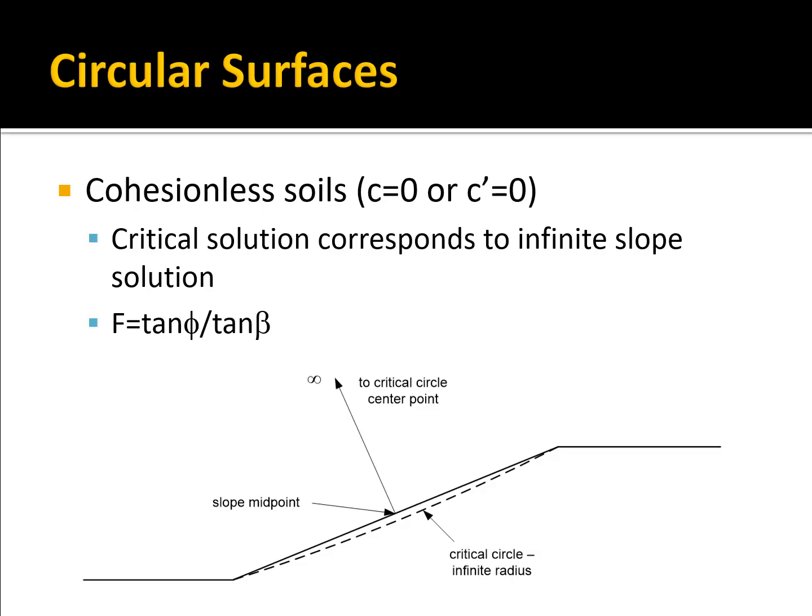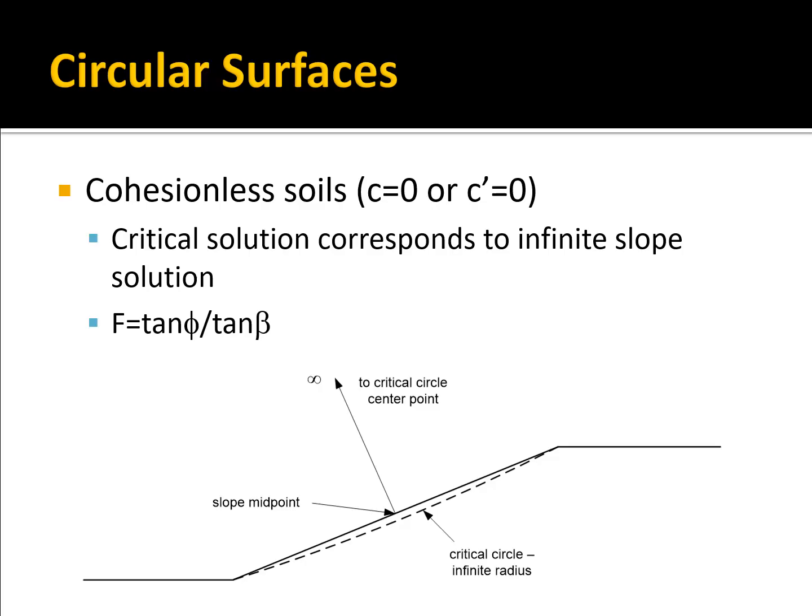For circular surfaces, I'm not sure this is something that we explored in too much detail, but if you have a slope that is cohesionless, where the C or C prime is equal to 0, then the critical solution will correspond to the infinite slope solution, where the factor of safety is tan phi over tan beta.